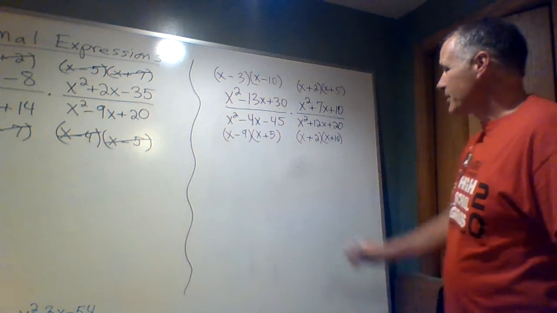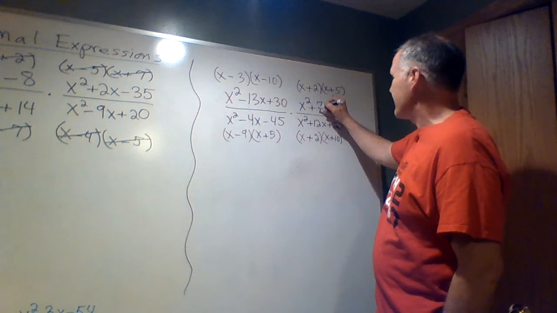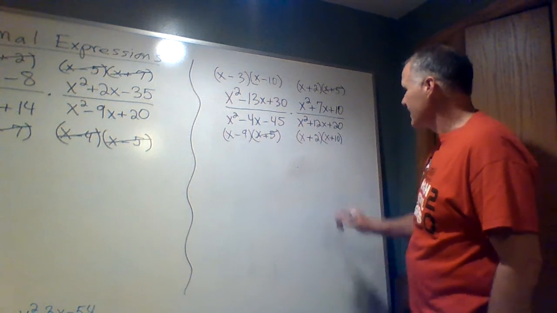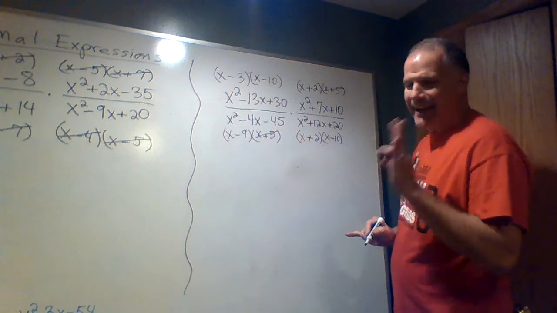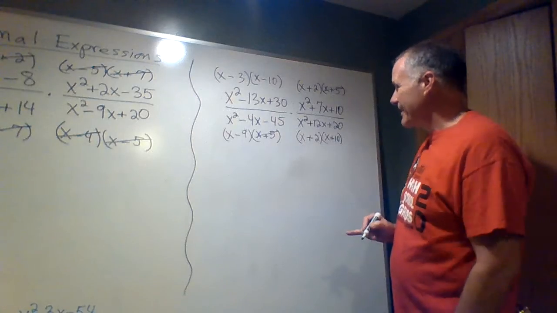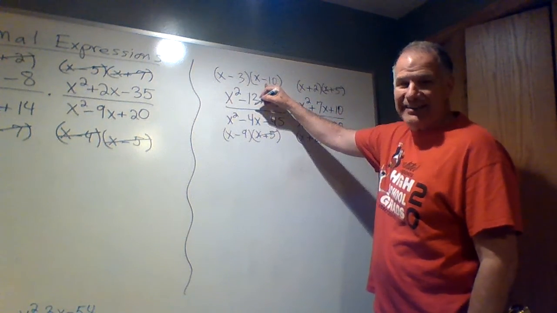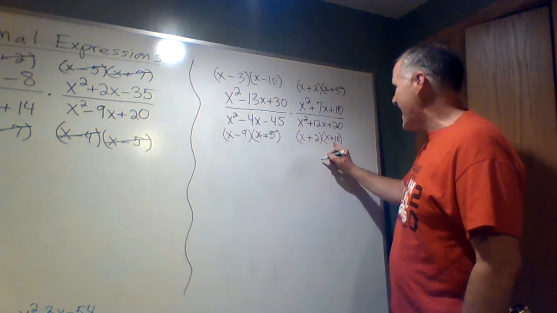Now we can just start canceling. We got an x plus 5 here, and x plus 5 diagonally. Cross those out. Ooh, interesting. I messed myself up, but that's okay. I have an x plus 10 here and x minus 10 here. I thought that when I was making this up, I thought they would cancel, but that's a positive 10.